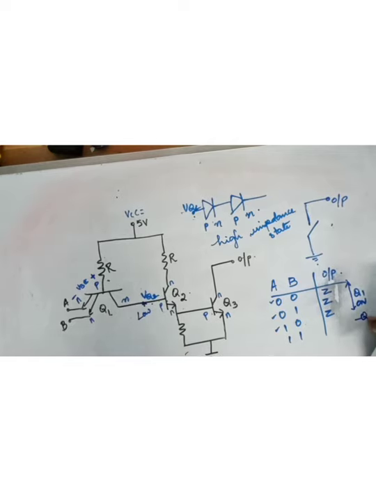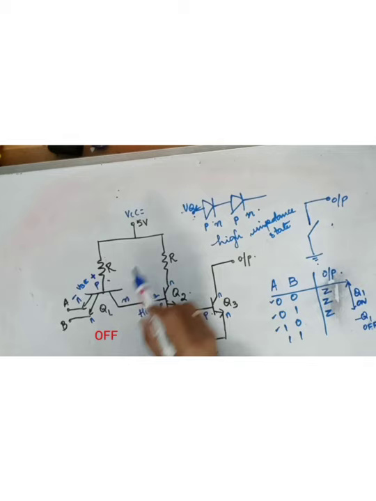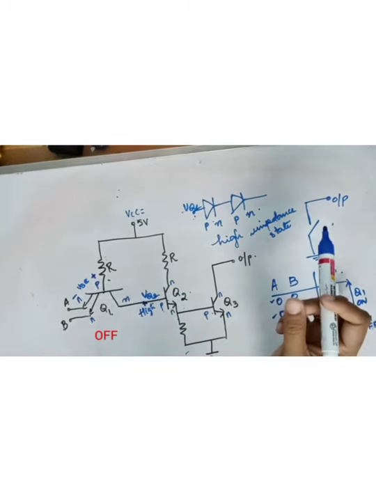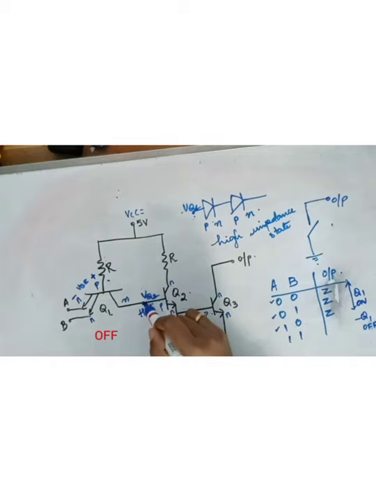Sorry, Q1 is off. In the last case, Q1 is off. Q1 is off means what? The voltage here will be high because this is acting as an open switch and the 5 volt will come here. So this will be high.